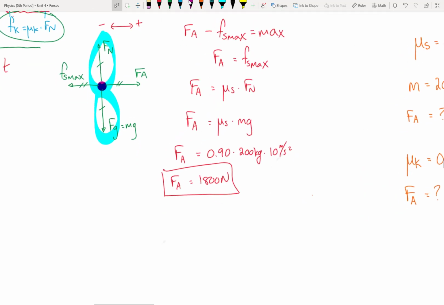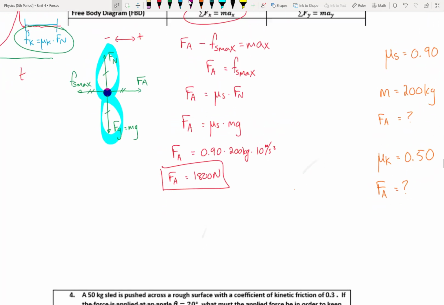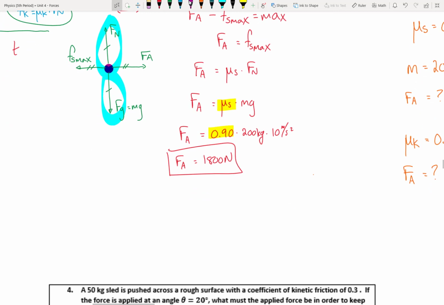The second part of our question is then, how much force does it take to keep it moving? And you might see that the only thing that's going to change here is our coefficient of friction is going to drop from mu_s, 0.9, down to mu_k, the coefficient of kinetic or moving friction, 0.5. So we're doing the same thing. In order to keep it moving, we still have our normal force and we still have gravity.